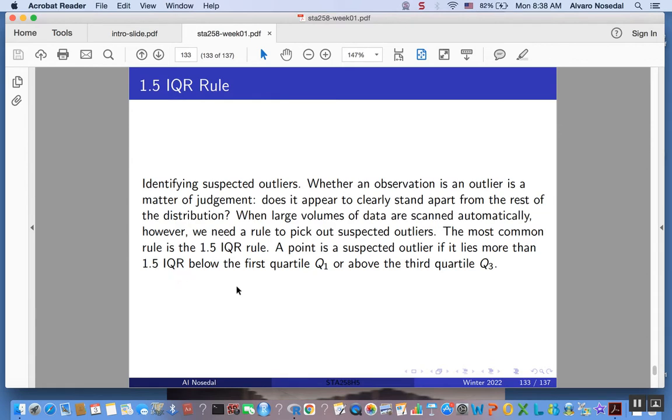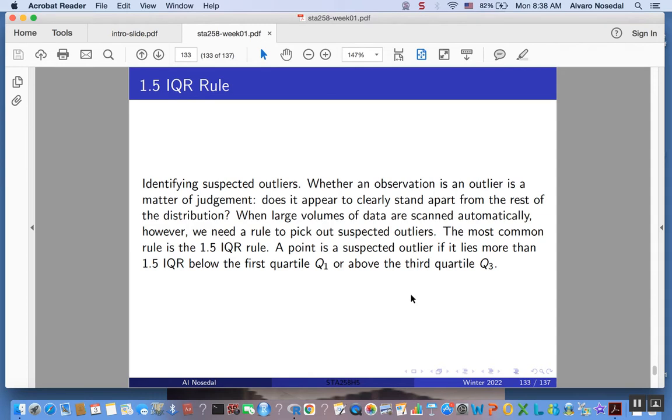If you have a number that lies to the left of Q1 minus 1.5 IQR, the interquartile range, meaning the difference between Q3 and Q1, then that observation is a suspected outlier.